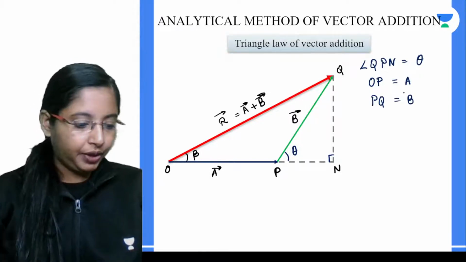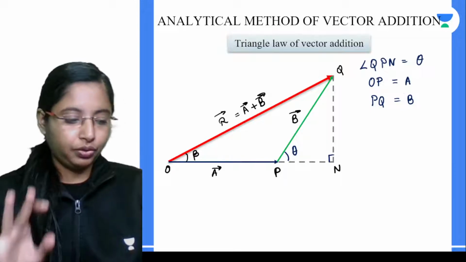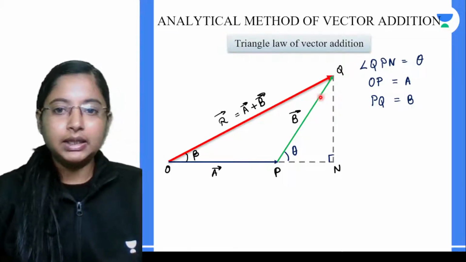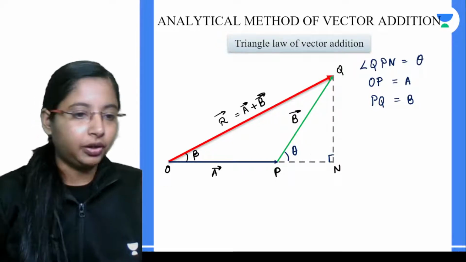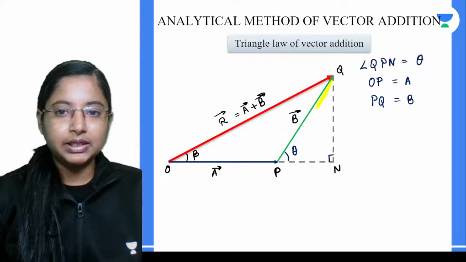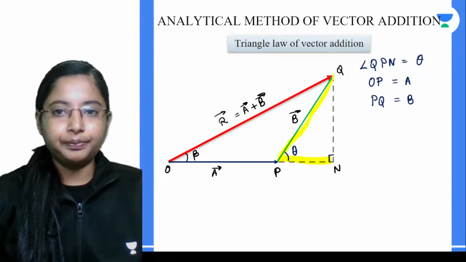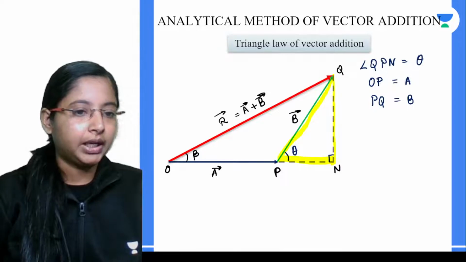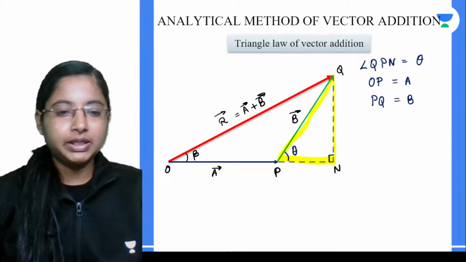Now from here we are going to do a very simple thing. First we are going to consider this right angle triangle. That's all. Let me mark this. We are just going to consider this right angle triangle, and let's take sine and cos value. Now very simple. What will be sine theta?